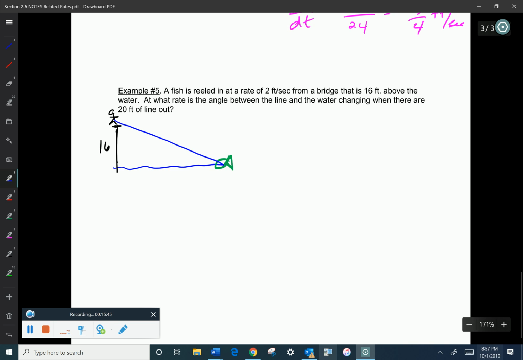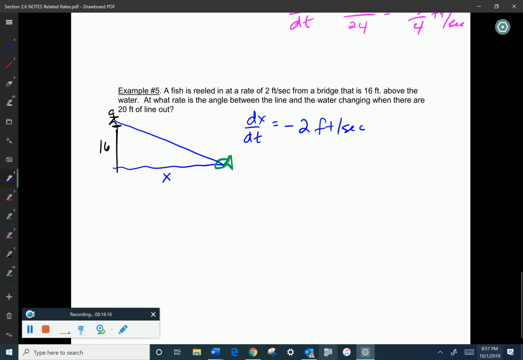So I'm thinking maybe if I call this side X, it's X that is my dx/dt. Let's see if that'll work for us. So dx/dt, the rate of change of x, is 2. Now, let's see, is that a positive 2 or a negative 2? Well, isn't x getting smaller as I reel in the fish? So I think it would be a negative 2 feet per second.